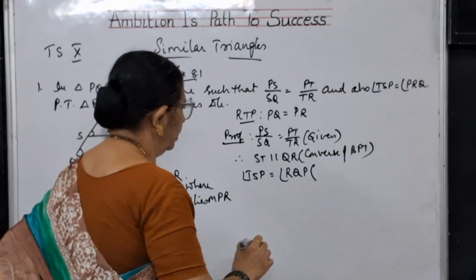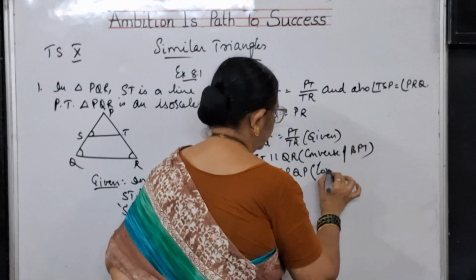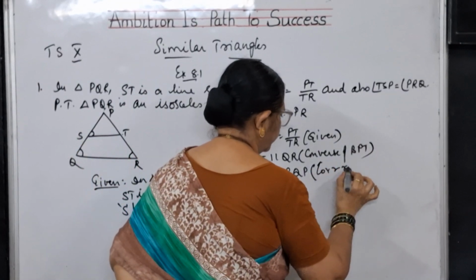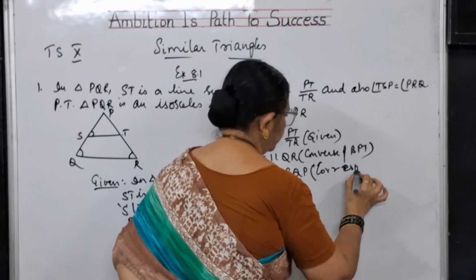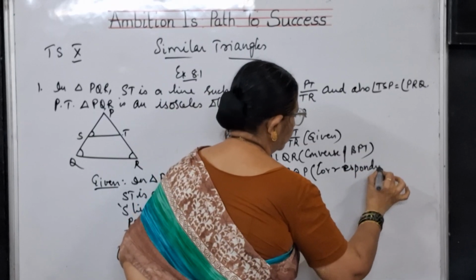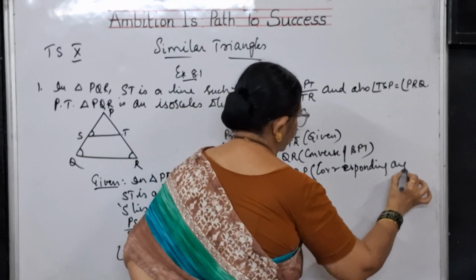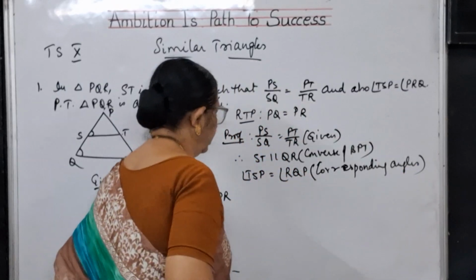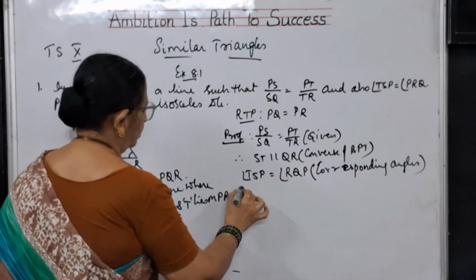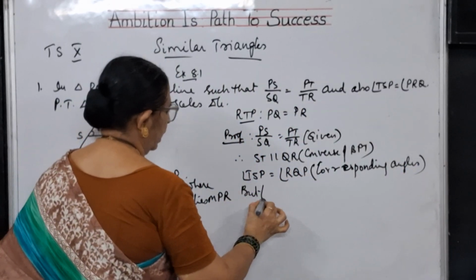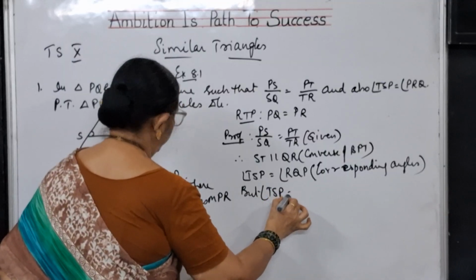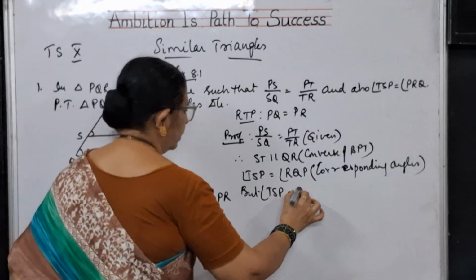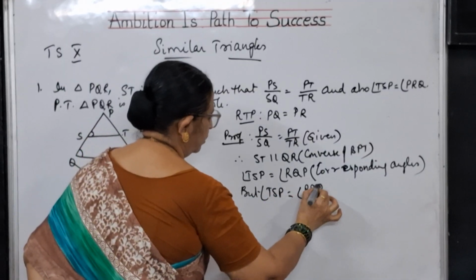Why? They are corresponding angles. So they are equal. But angle TSP is equal to angle PRQ.